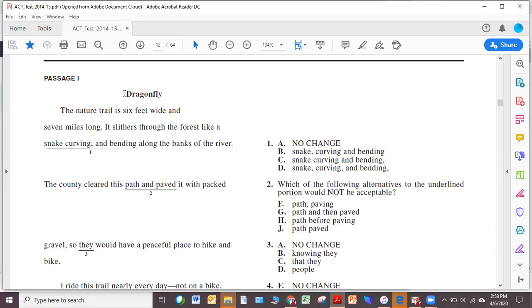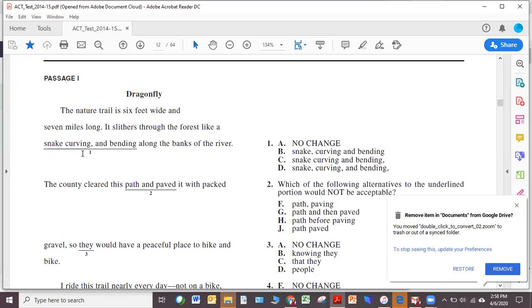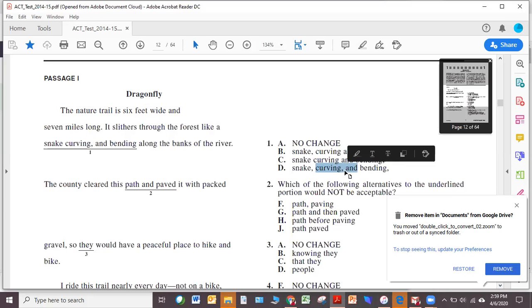So we are going to see over here that our no change option says snake, curving, comma, and bending. So we notice there that we have a comma after curving. And we look over and see, do we have a comma after curving in any other option? And we do.